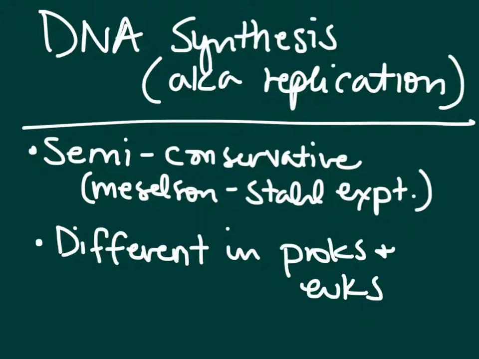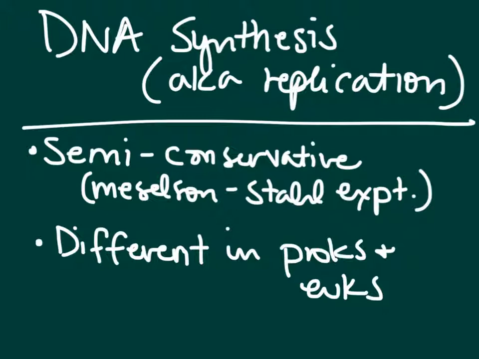So your cells have to get the nitrogen from somewhere. It's going to get it from the environment. That'll help explain why Meselson-Stahl chose to do what they did, knowing bacteria had to get the nitrogen for their nitrogen bases somewhere.